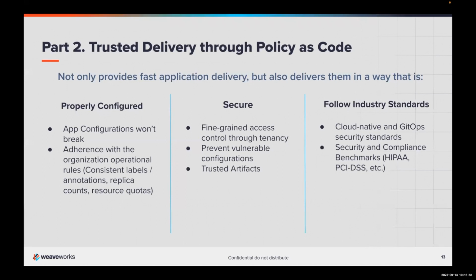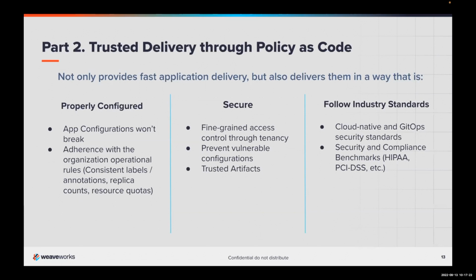Do we have consistent labels? Do we have suitable service accounts and resource quotas? All those types of things. And again, it might not be that the developers are deliberately missing this stuff. Everybody makes a typing mistake, and a mistyped label doesn't exist. So we want to make sure that everything's done properly.